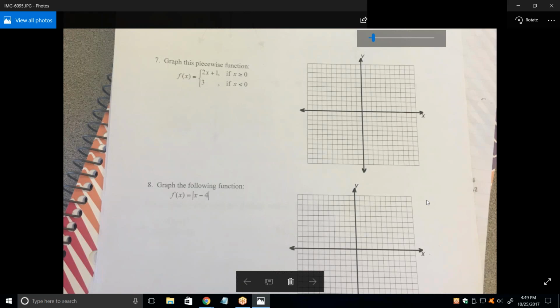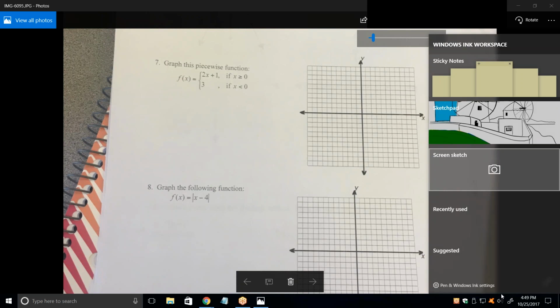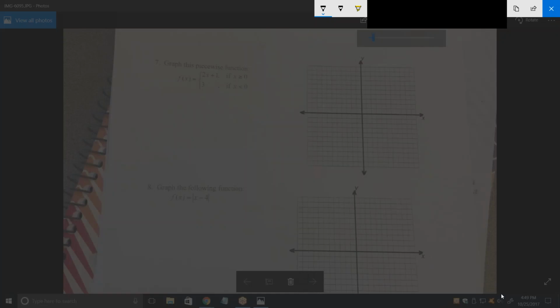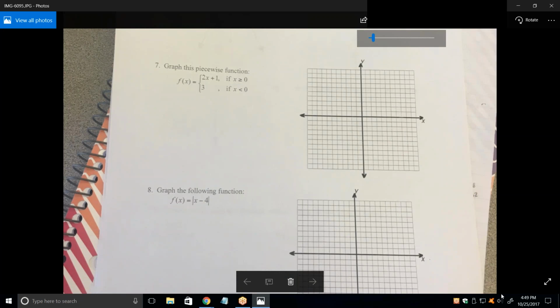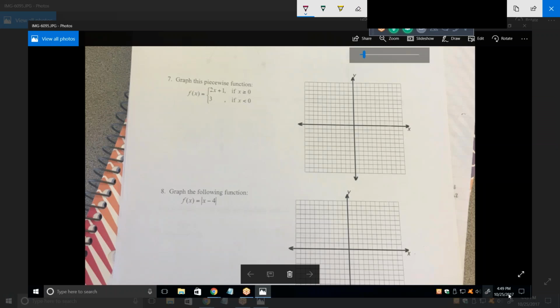All right. Graph the piecewise function. When you're dealing with piecewise functions, this is the most important thing to consider. These domains over here. There are 2 areas on this graph.